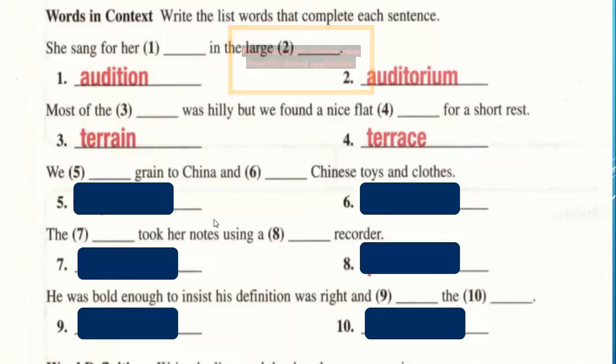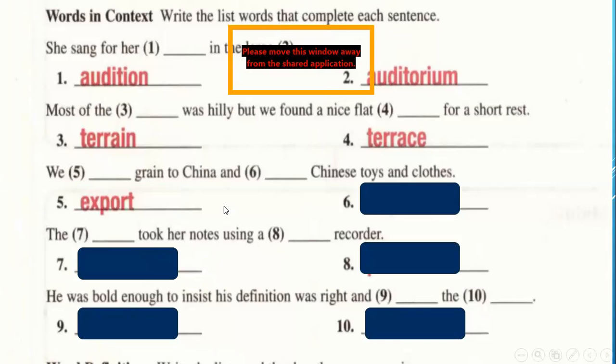Grain, it's crops. Chinese toys means we sell and we buy. We sell to China and we buy from China. So it's export and import.